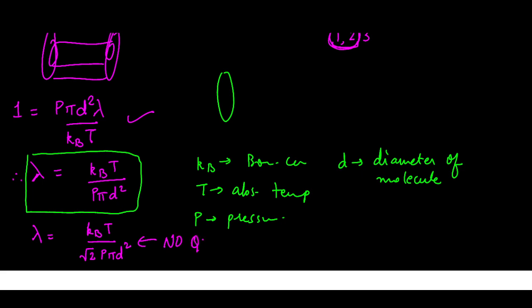I'll just make it clear here, there is a lot of statistics and a lot of integration going on over there. That is how kBT by root 2 P pi d square comes, which is actually the correct formula. Mind well, this is the more appropriate, correct formula.